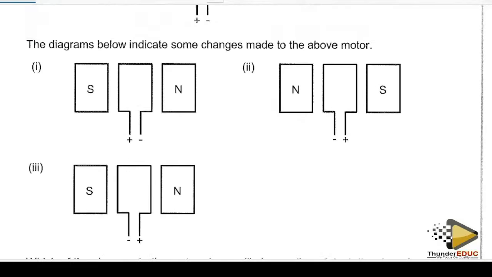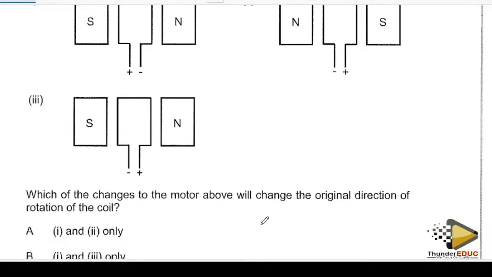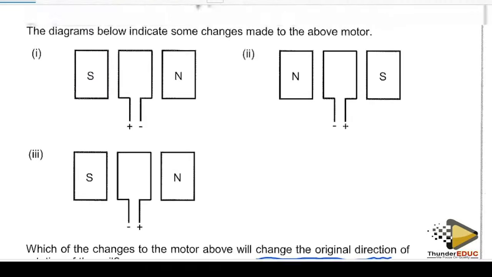What is the question asking for? Which of the changes to the motor above will change the original direction of rotation?